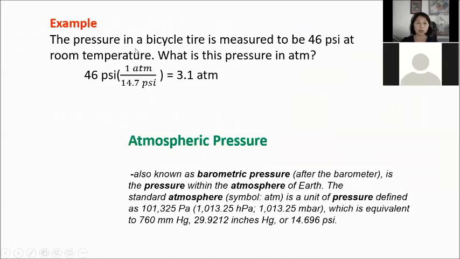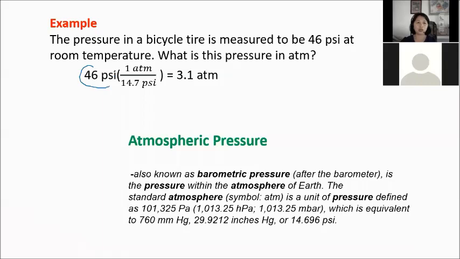For example, we have a pressure of a bicycle tire measured to be 46 PSI at room temperature. So what is the pressure in ATM or in atmosphere? So simply, this is simply a conversion of units.